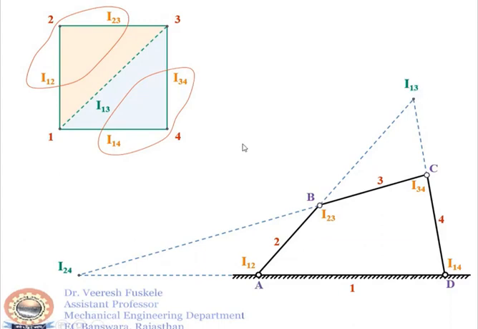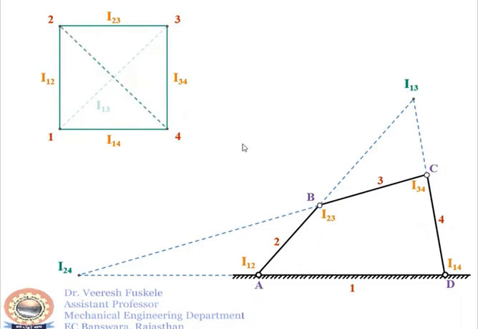Similarly, the line joining the diagonal 2, 4 of the polygon will give us two triangles 2, 3, 4 and 1, 4, 2. Triangle 2, 3, 4 will have ICs I23 and I34 as the sides of the triangle. Similarly, triangle 1, 4, 2 will have ICs I14 and I12 as sides of the triangle.